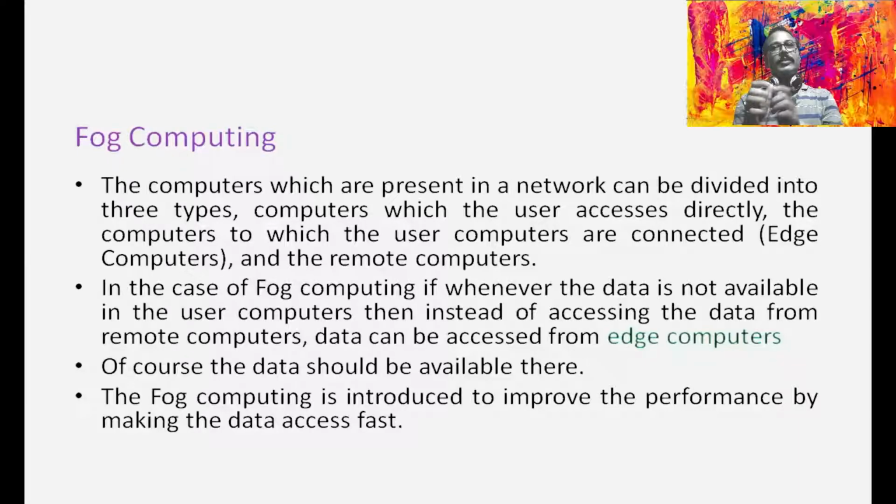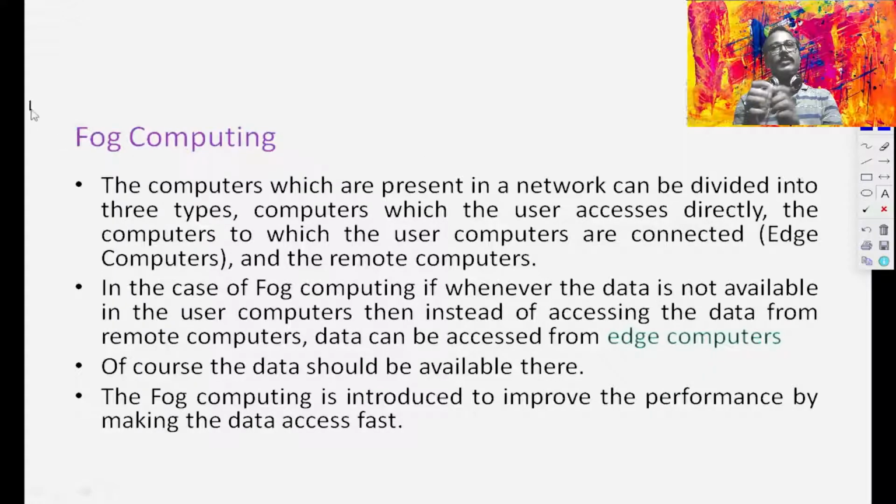The problem is, if you have a computer, and if you access the service over a cloud, these two machines may be separated by several kilometers. In that case, the information will not be available quickly.